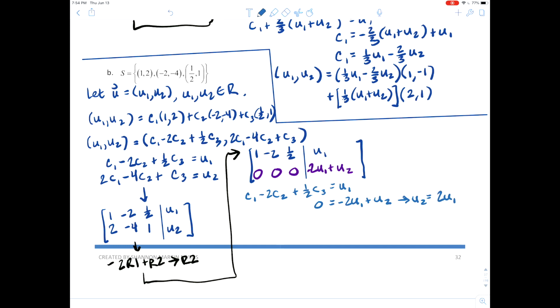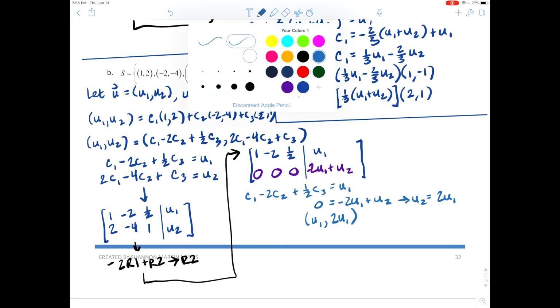But what is this telling us? I mean, what it's telling us is that U2 is dependent on U1, right? So here, if I was to write the format of all the possible vectors I would get, do you see that it would consist of U1, 2 U1, and we know that U1 belongs to the real numbers, but if you think about our vectors, what is it going to look like?